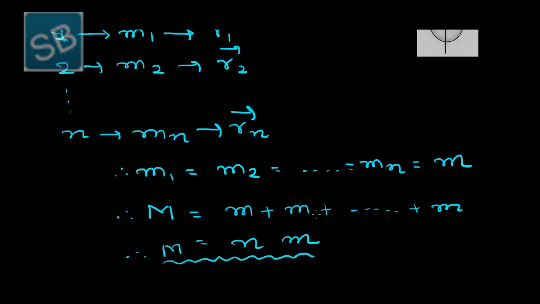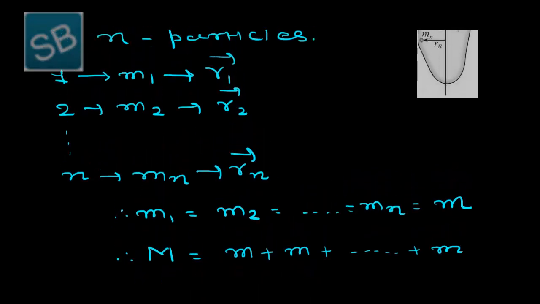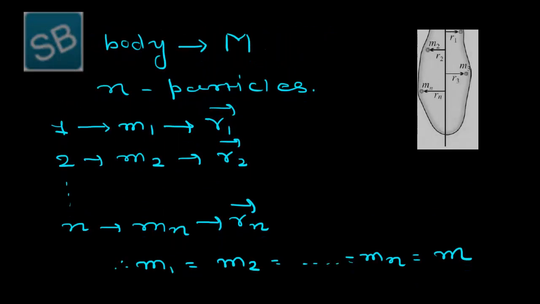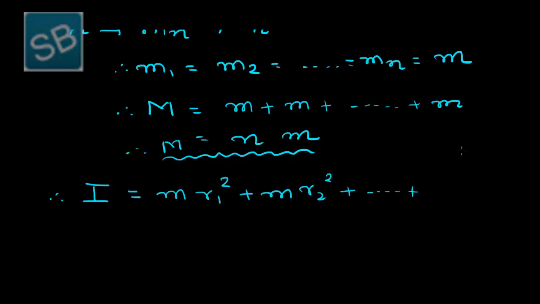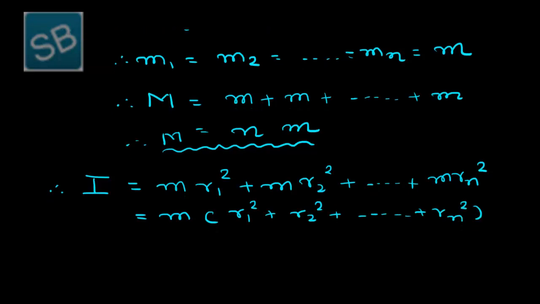Now, in order to find the moment of inertia, as shown in the figure, we can find the moment of inertia about the axis of rotation. I is equal to m r1 square plus m r2 square plus so on m rn square, that is equal to m times r1 square plus r2 square plus so on rn square.